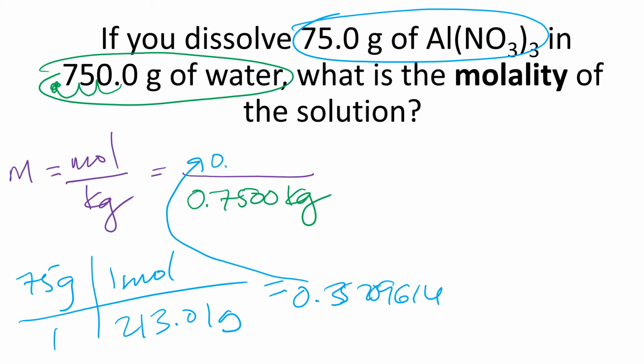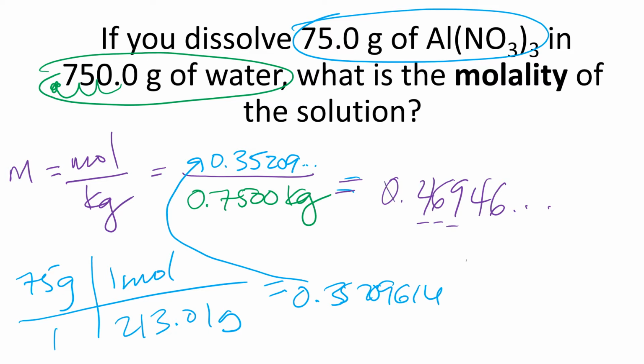So 0.35209... Divide the two of them, and I'm going to end up with .46946... The smallest number is going to be 3 sig figs, so my answer is going to be, let's see, 1, 2, 3.